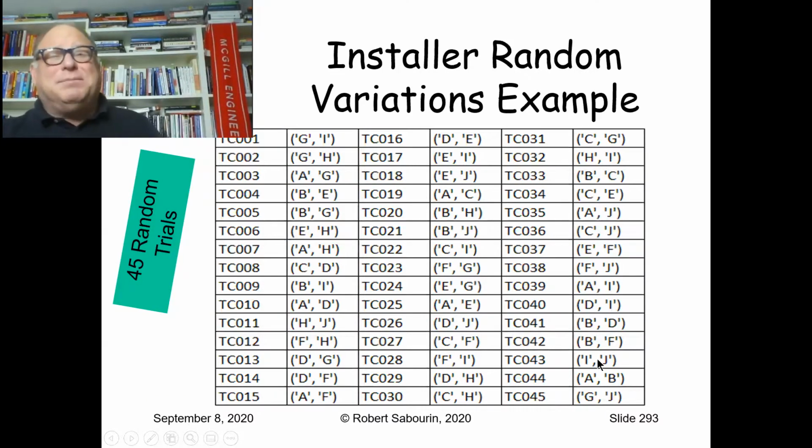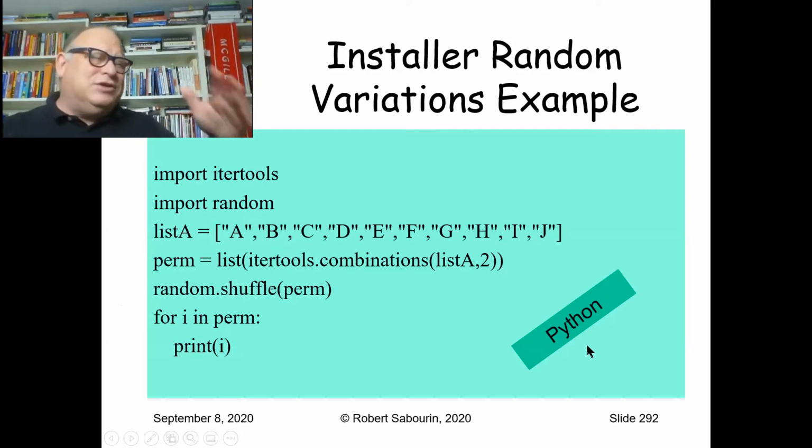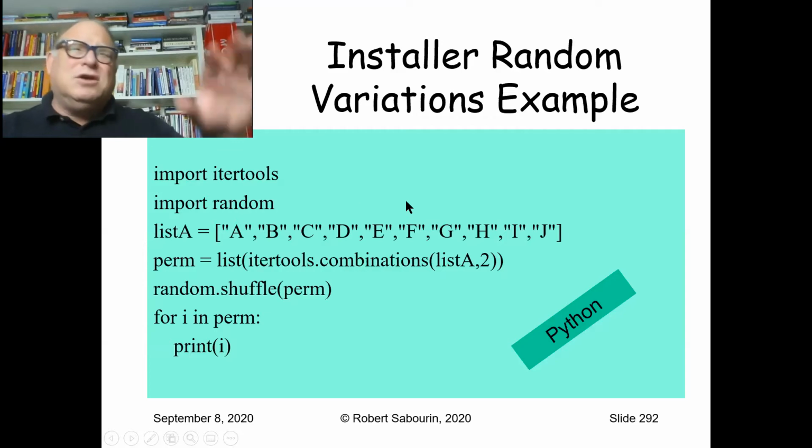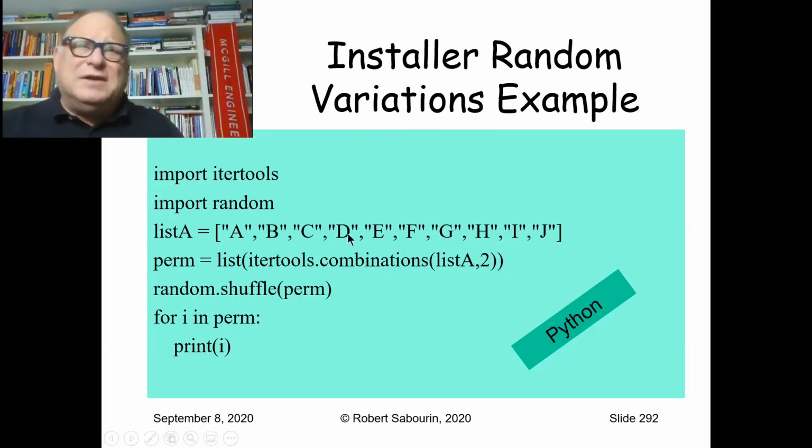We can then combine random combinations and permutations with the itertools library in Python. And there's also tons of other libraries in Python that can be used to help us do all sorts of generation of interesting combinations, permutations, and subsets, including random subsets of the variables and the values being tested. So thank you very much.